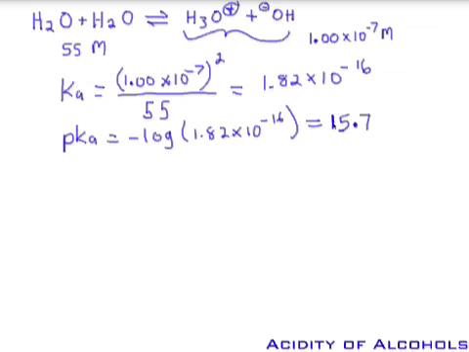Now what does this tell you about the acidity of water? Large pKa's are indicative of weak acids. Low pKa values are stronger acids. HCl, a strong acid, typically has pKa's less than 1. So many strong acids have less than 1. H2O is not a very strong acid.